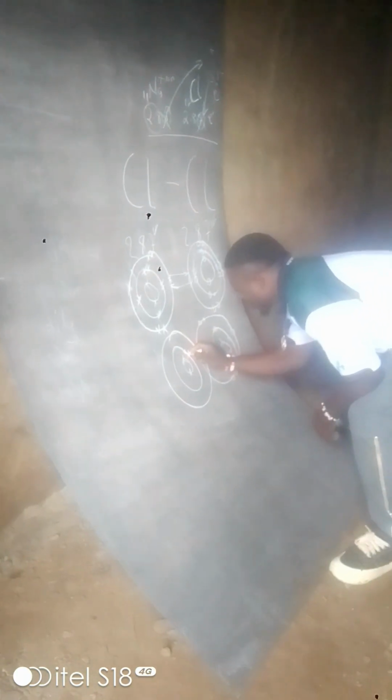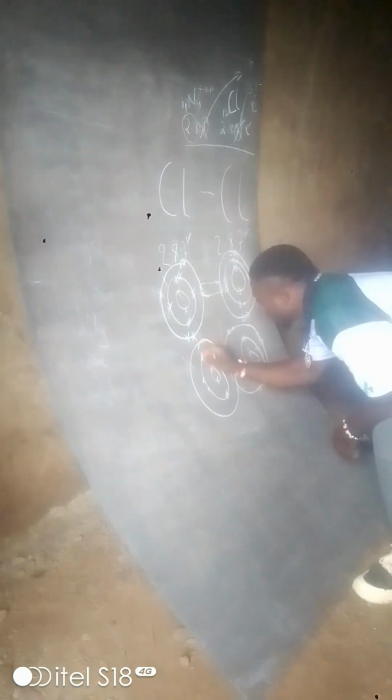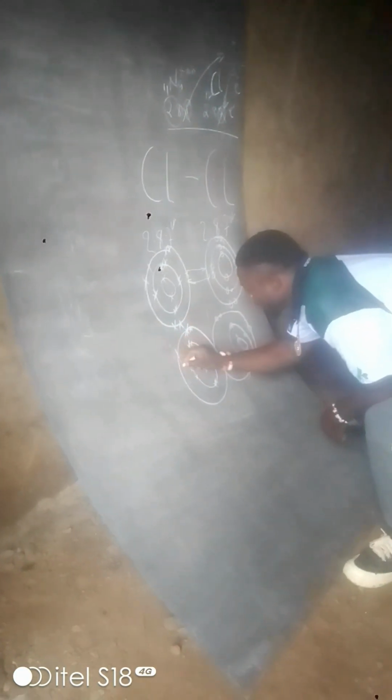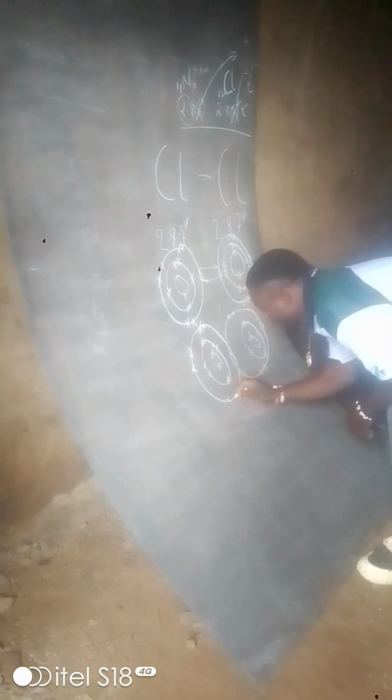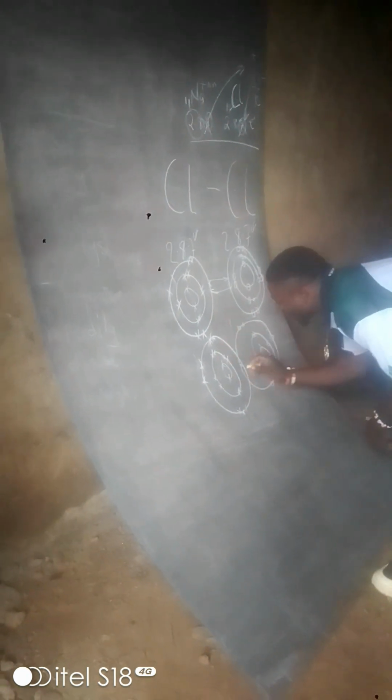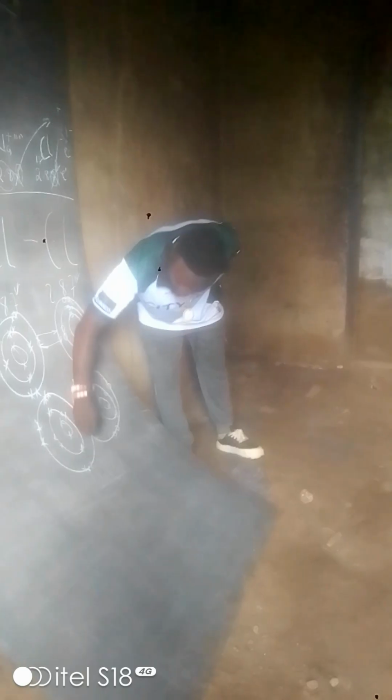Since it has 8 electrons in the inner shell and 7 outside, here it is going to donate 1 electron. Now, if you look at the combination, you are going to see that this outer shell has 1, 2, 3, 4, 5, 6, 7, 8 electrons. Meanwhile, this other one has 1, 2, 3, 4, 5, 6, 7, 8 electrons. Is that clear? So we have to join this. This is an example of a covalent bonding.